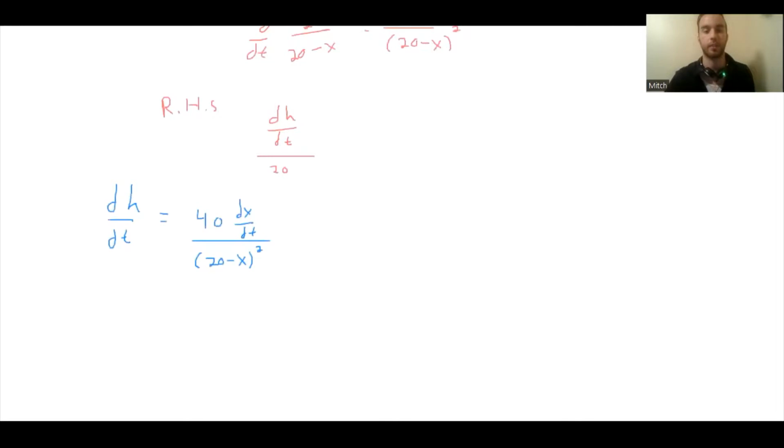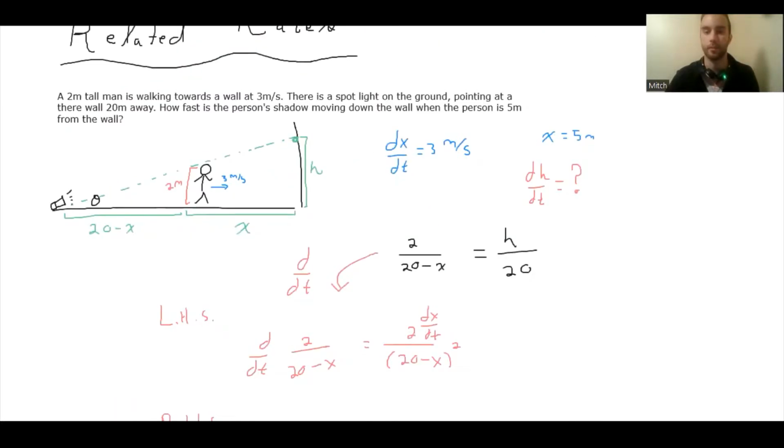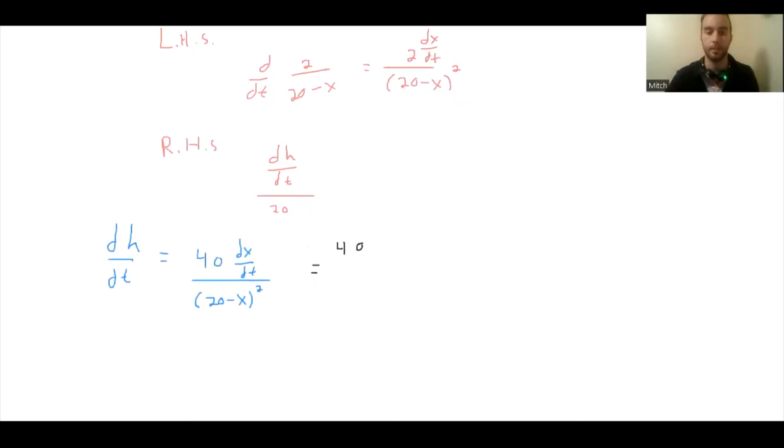And then in this last step, we sub in the rest of the numbers. So we're going to have 40 times dx by dt, which was, what was that? That was 3, divided by (20 minus 5) squared.